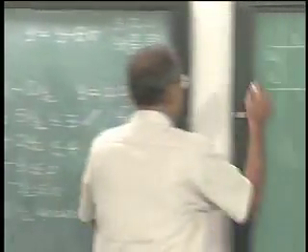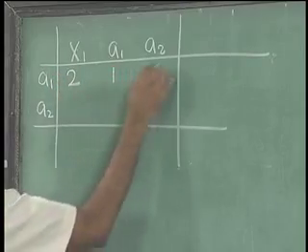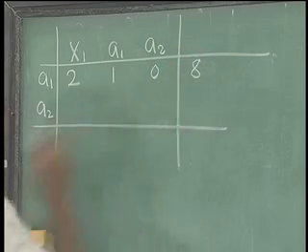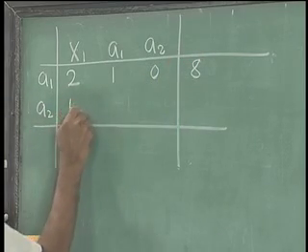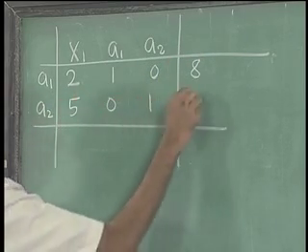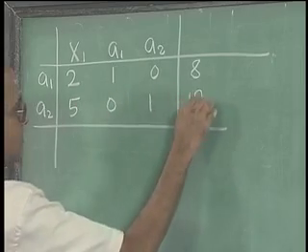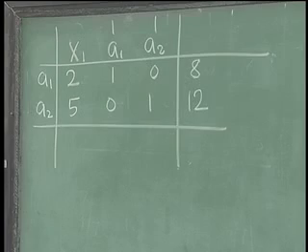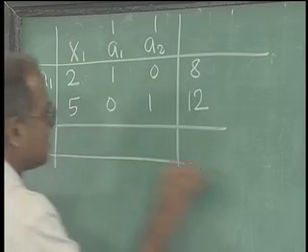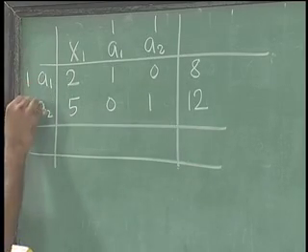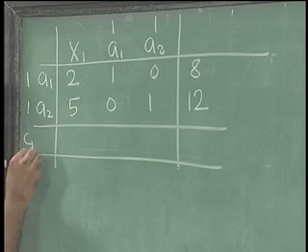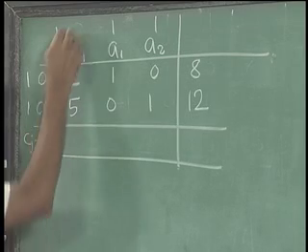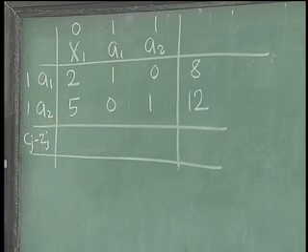So 2x1 plus a1, 0, 8, 5x1, 0, 1, 12. These have objective coefficients of 1, it is a minimization problem. These also have objective function coefficient of 1. So Cj minus Zj, 0.